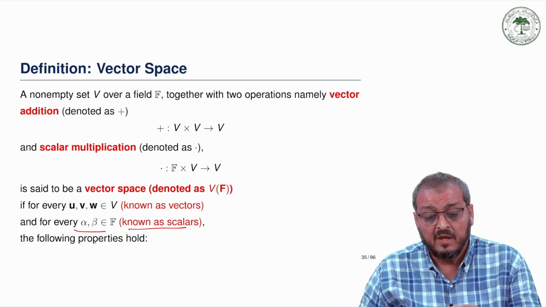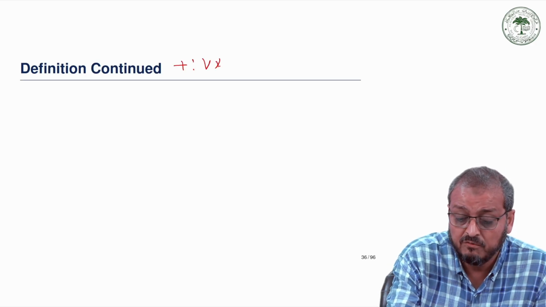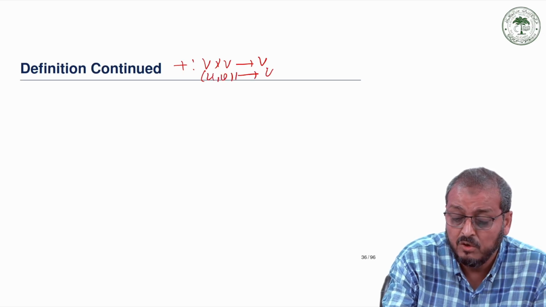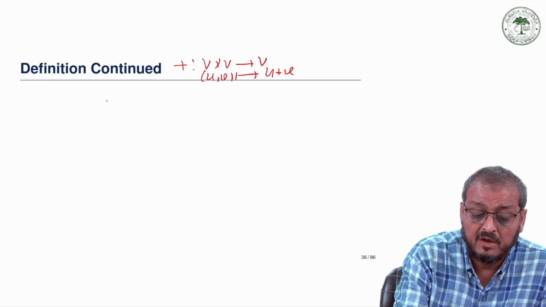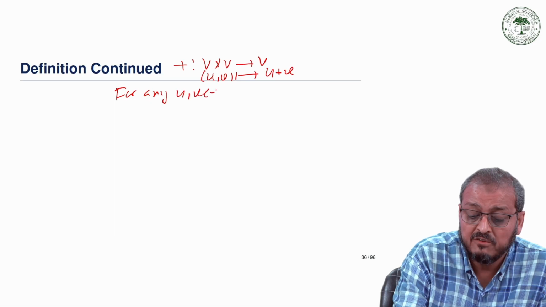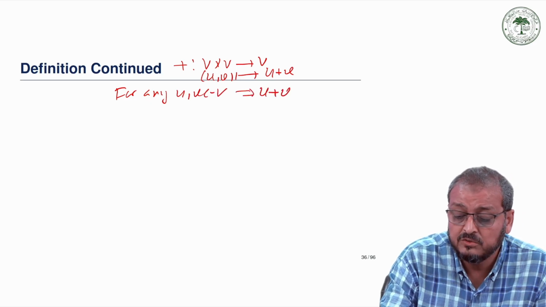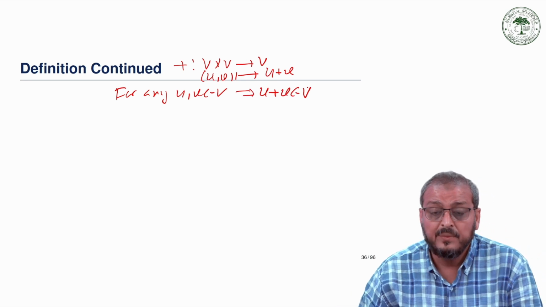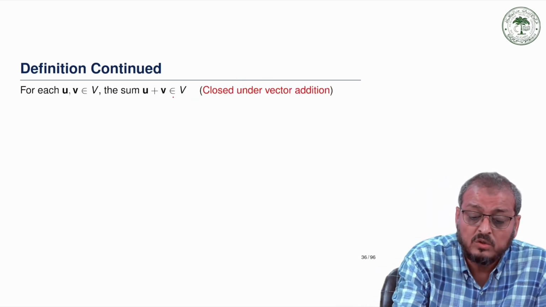So under addition we define V cross V to V. That means if u and v are elements of V, then for any u and v in V, it implies that u plus v is also an element of V, meaning V should be closed under addition.